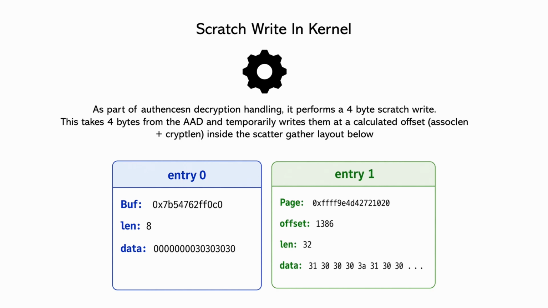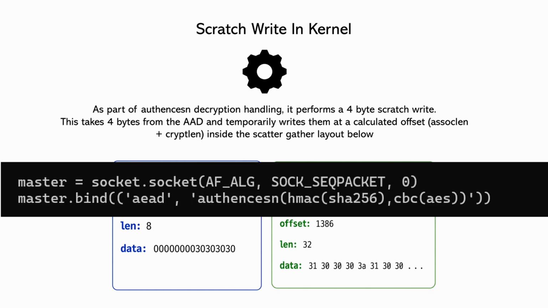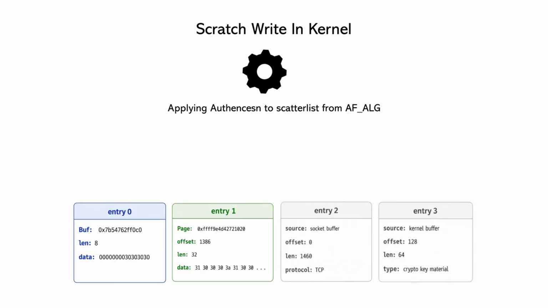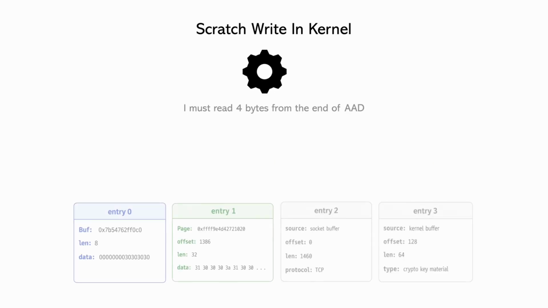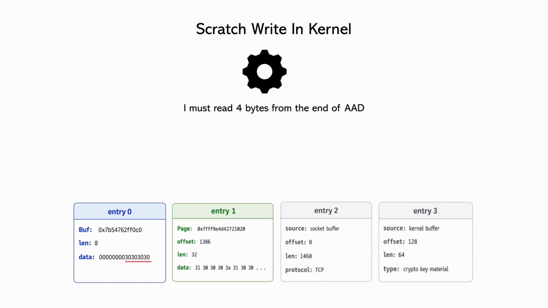Now we get to the third issue, the scratch write. The vulnerable crypto code uses something called authencesn. During decryption, it performs a small 4-byte scratch write at a calculated position inside the scatter-gather list. So the important question is, how do we make that position land exactly where we want?